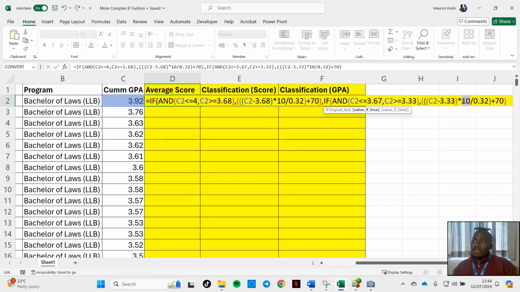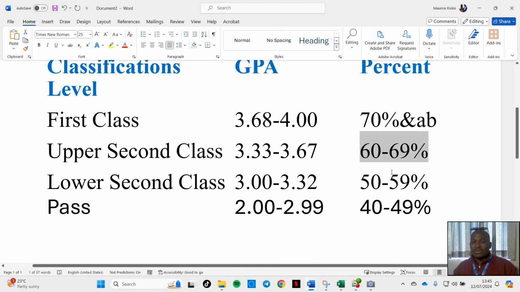The reason is that we are going to look at the upper limit and the lower limit of this scale. Remember, for a person who has scored 60 to 69, if you say it's just 9, then you're going to be wrong. 60 to 69, you can't say 9.